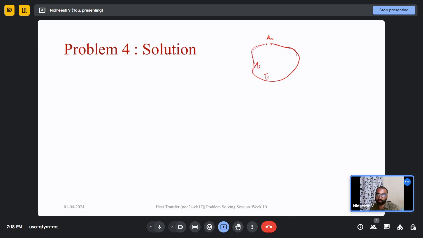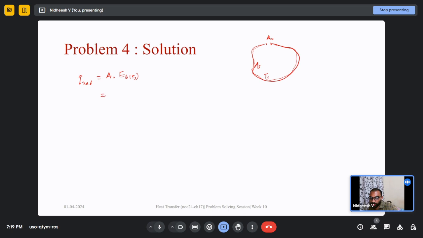Whatever emission emanating from A naught will be equivalent to an emission from a black body. So the total radiation emitted from this A naught surface will be equal to that area A naught multiplied by the emissive power of a black body at a temperature of Ts, which is equivalent to this temperature.